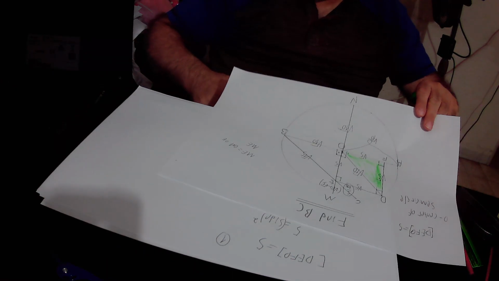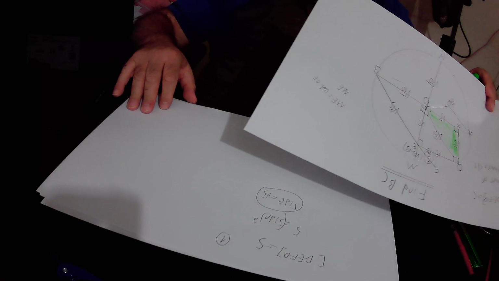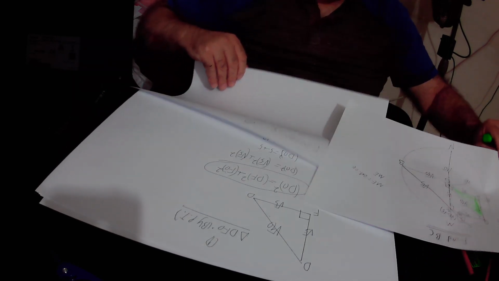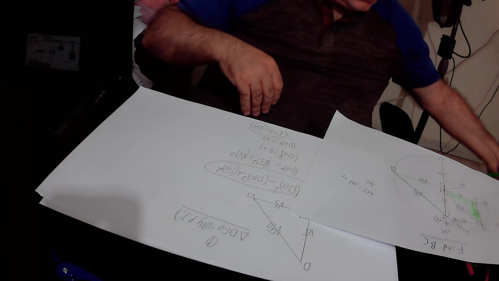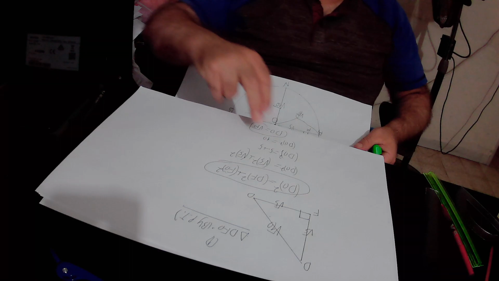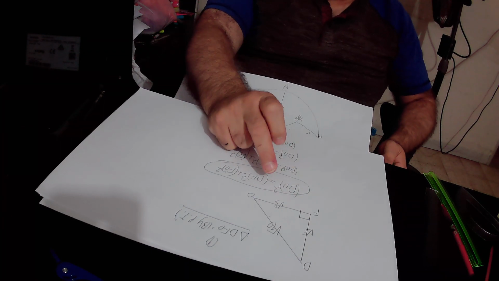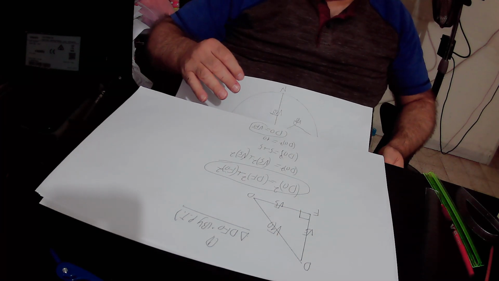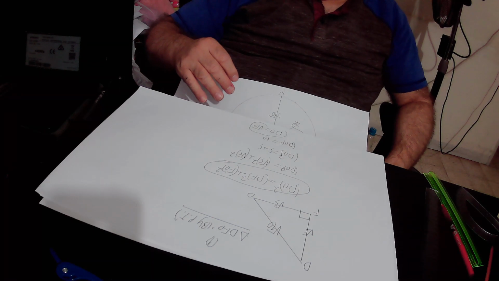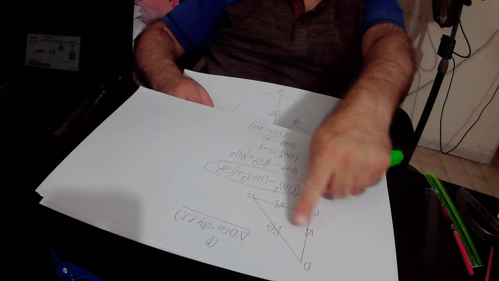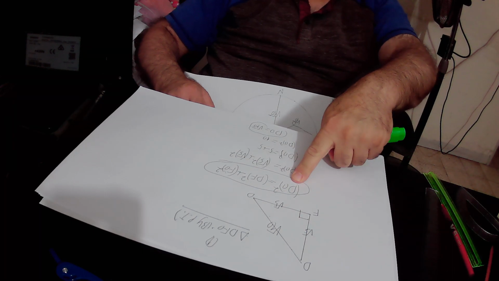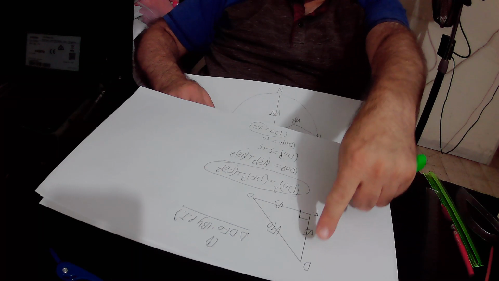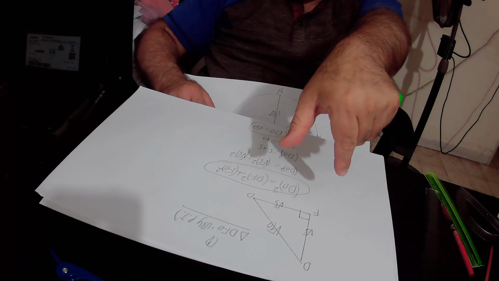So I copied the right triangle here, and we implemented the Pythagoras theorem on this right triangle DFO. According to the Pythagoras theorem, the square of the hypotenuse equals the sum of the squares of the perpendiculars. The hypotenuse is DO, therefore DO squared equals the sum of the squares of the perpendiculars. That is to say, it equals DF squared plus FO squared.